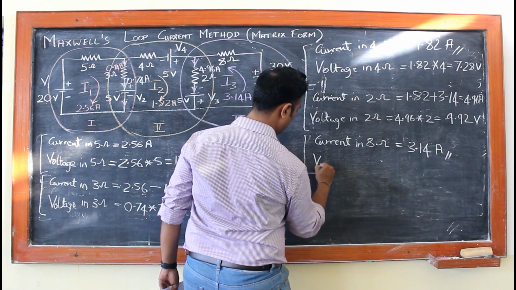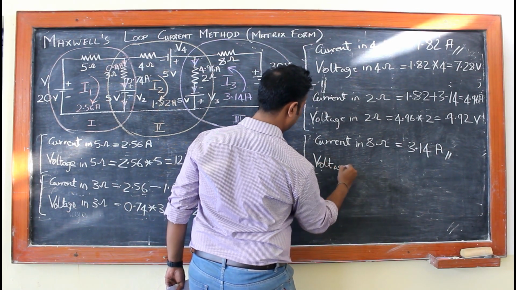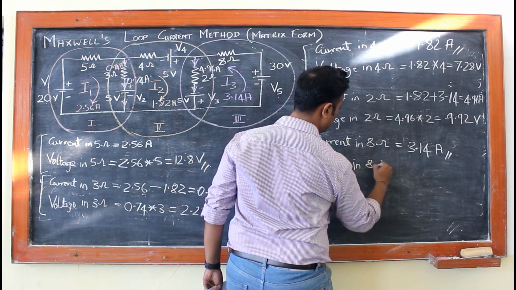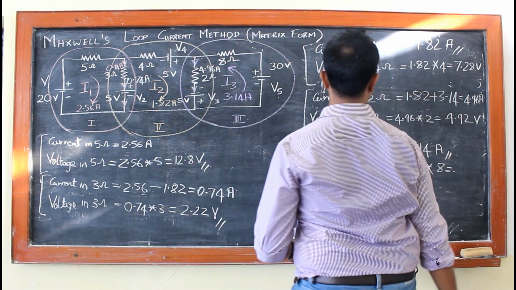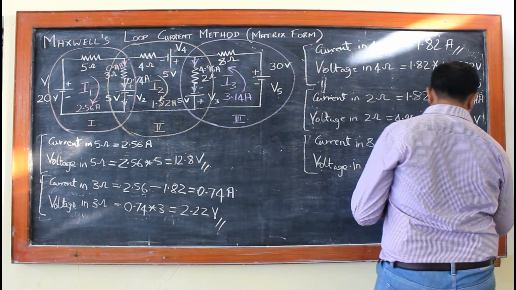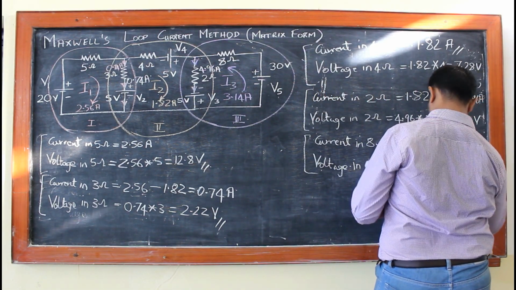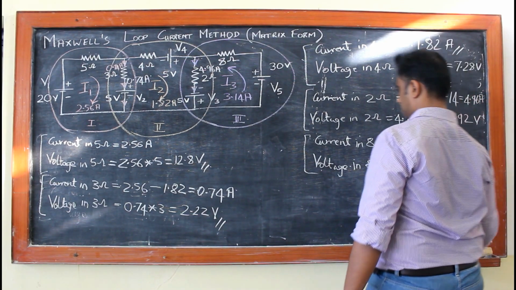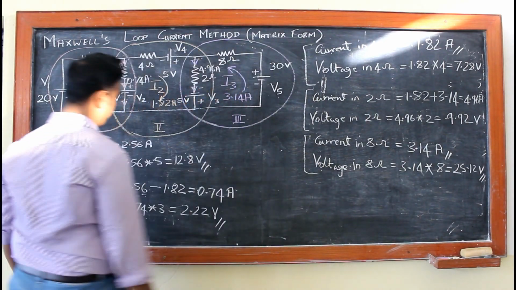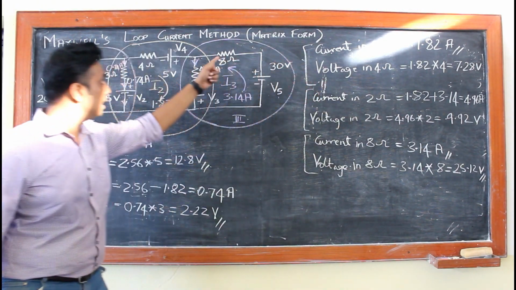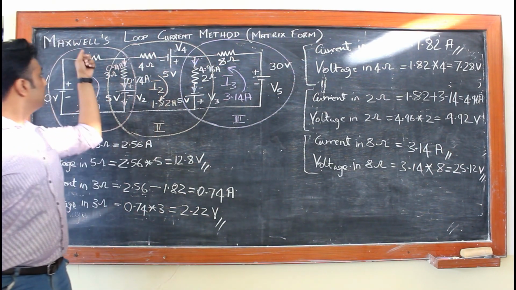So the voltage in the 8 ohms resistor will be 25.12 volts. So I have basically got all the current and voltage values for each and every resistor.